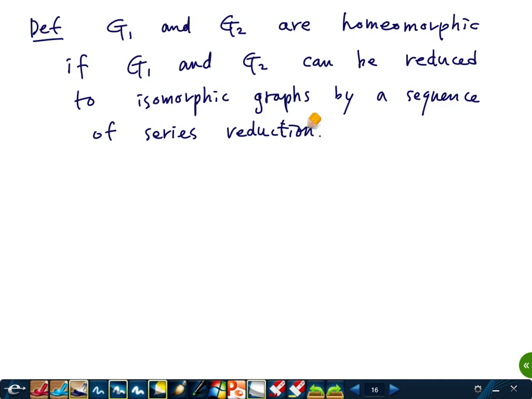By doing the thing where we delete the vertex of degree 2, and then keep the two neighbors connected by an edge.